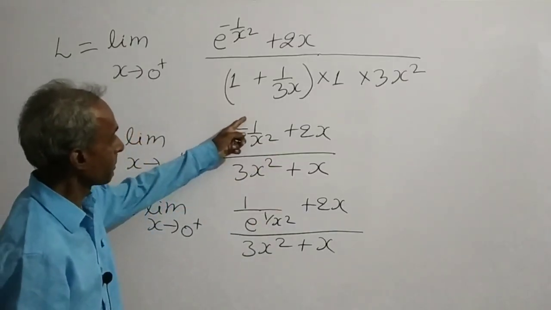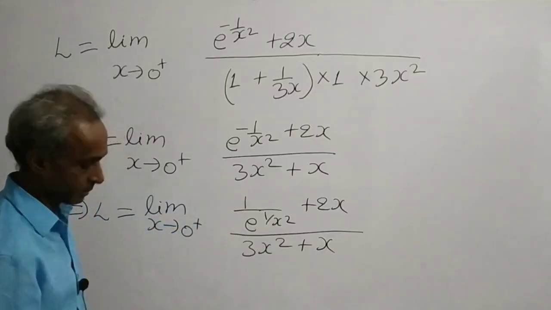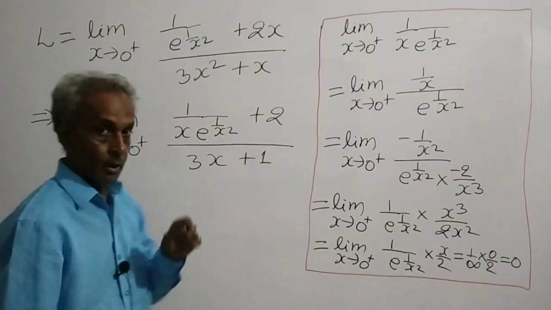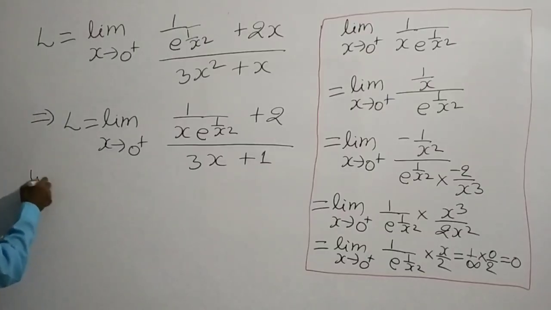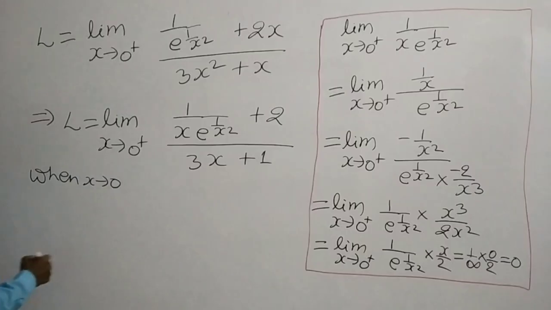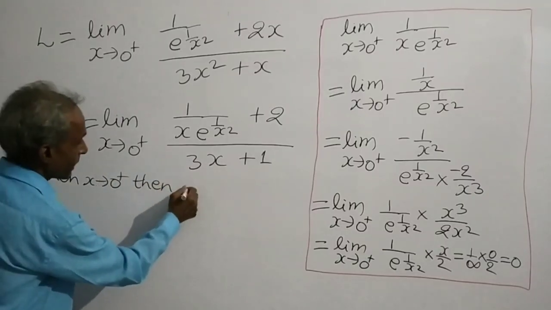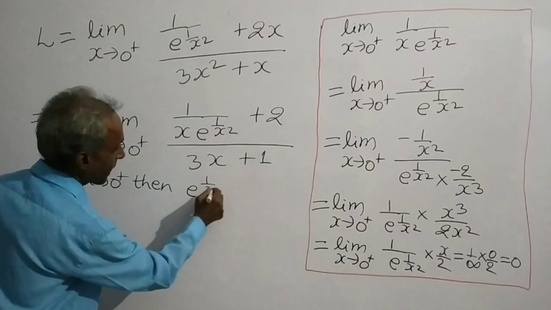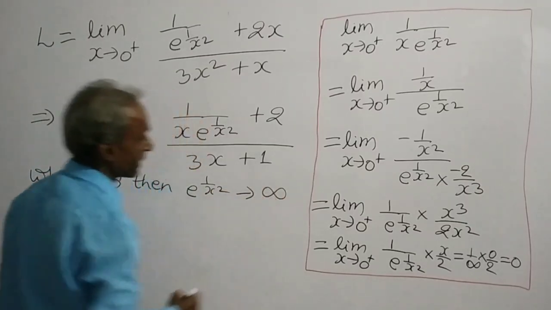E to the power minus 1 by x square can be written like this. When x tends to 0, then e to the power 1 by x square tends to infinity.